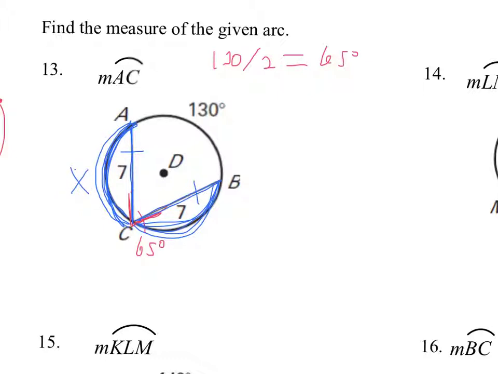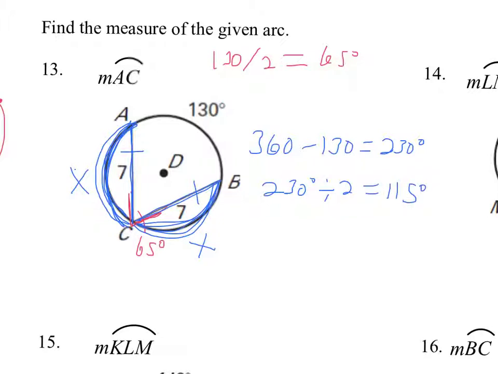I'll call it X, but that means that CB is also X. So what I would do is 360 minus 130, and that equals 230 degrees. And then we know that these two arcs together have to equal 230, so just split them in half evenly since we know that they are equal. And you come up with 115 degrees. So the measure of arc AC would be 115. In fact, both of these are 115.